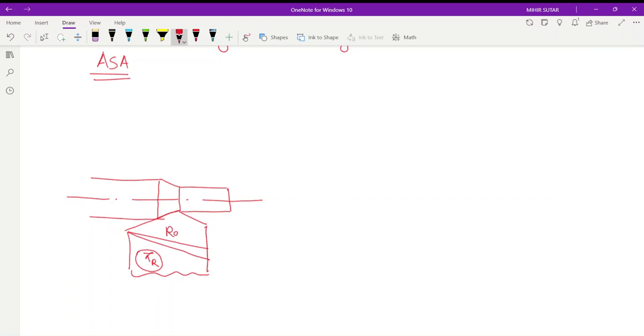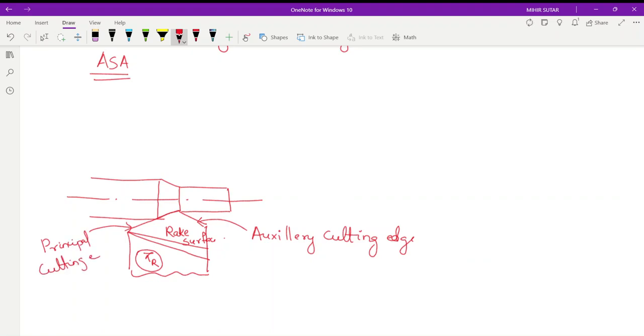And this is the rake surface. And this edge is your auxiliary cutting edge. And this section is the principal cutting edge. The principal cutting edge used to be bigger in length as compared to the auxiliary cutting edge.